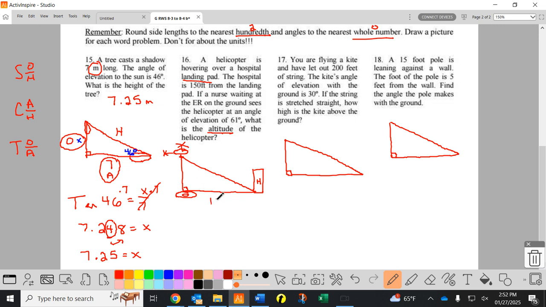So we have 150 right here. It says the angle of elevation is 61 degrees, so we put that 61 degrees right there. And it asks what is the altitude? We don't know how tall it is, so we put an X.